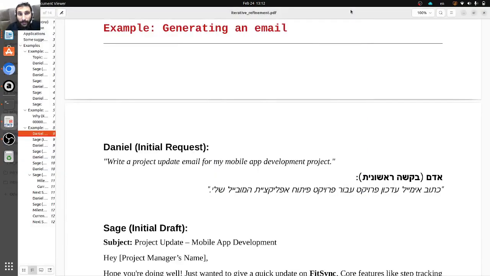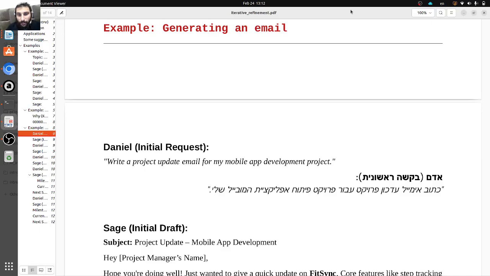So, in this example, I want to demonstrate how to use the iterative refinement technique for content generation. And in this example, the content is going to be a professional email, or to be more precise, an email that is a project update for a software project.